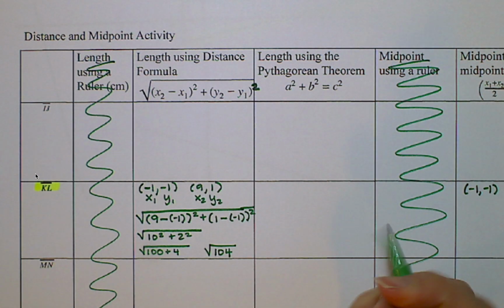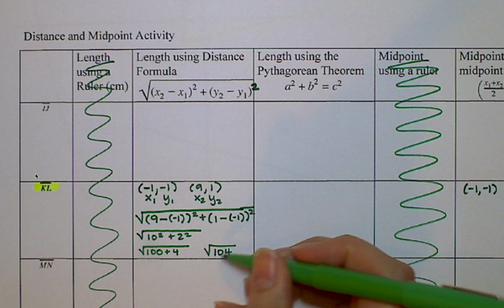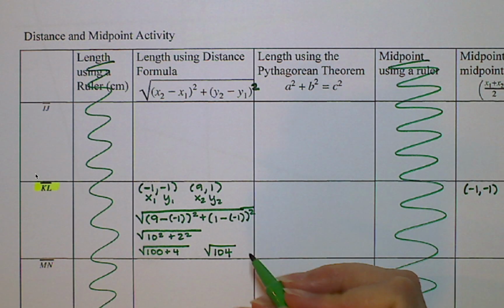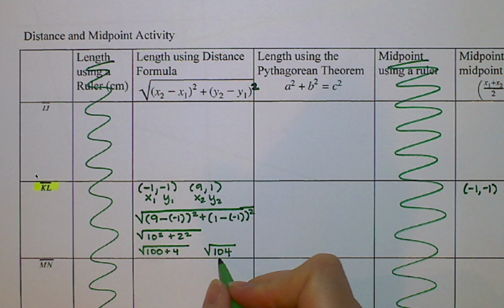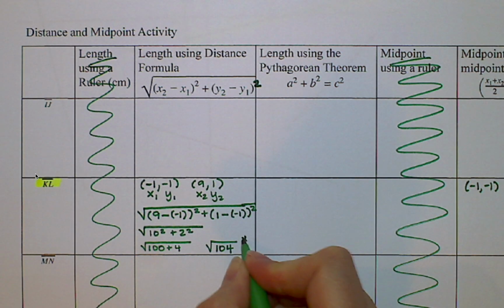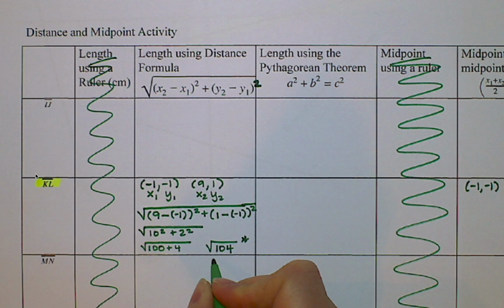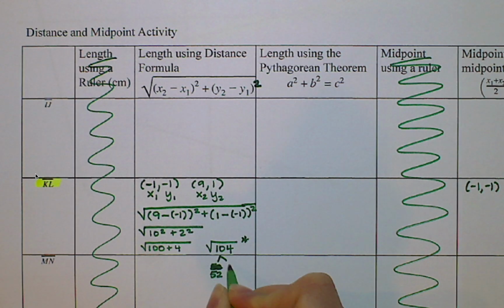Okay, now on this assignment, if you want to go above and beyond and simplify this and break this down, you can. There's not really a lot of room to do that here, and so I'm going to give you extra credit for it if you break this down. So you can keep this just as is, or if you want extra credit, you can break it down. So this would be 52 times 2.